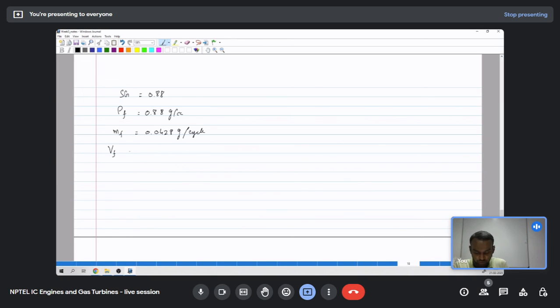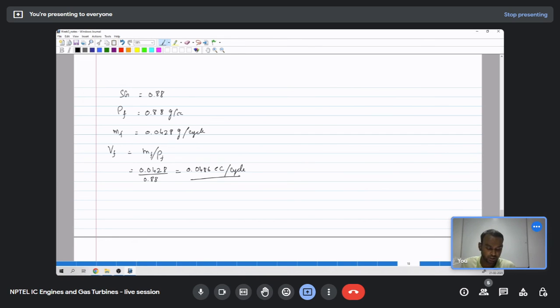To calculate the volume of fuel that is needed, we have mass of fuel divided by density of fuel, which is 0.0428 divided by 0.88. This is 0.0486 cc per cycle.